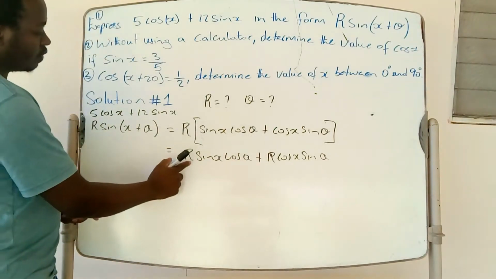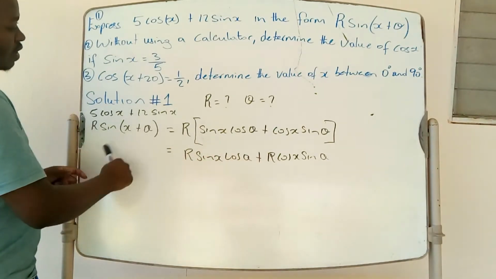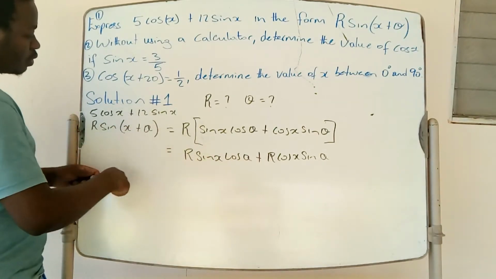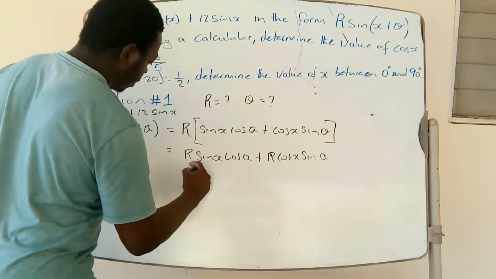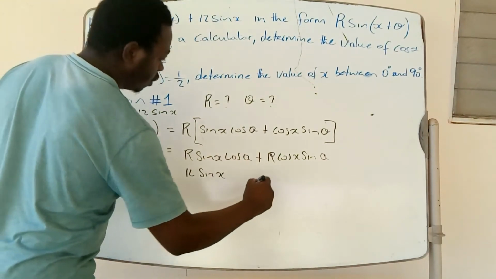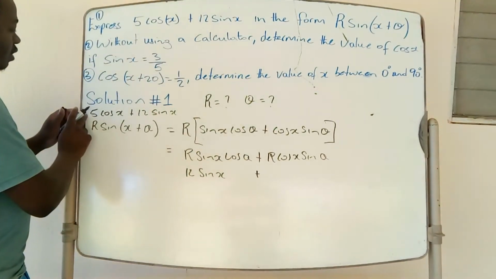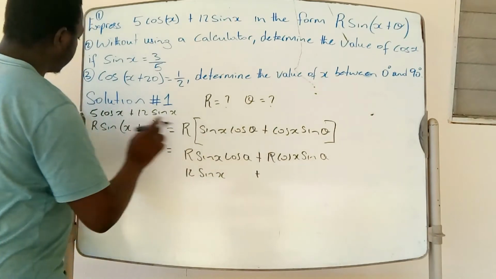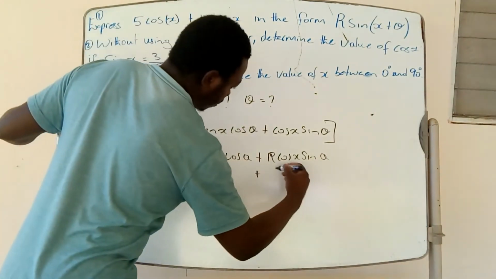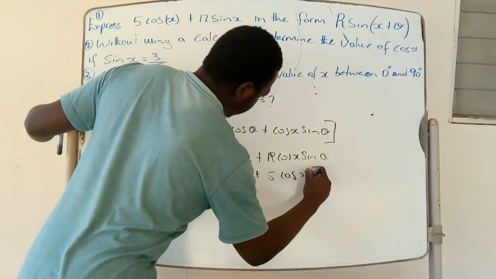So we have a sine x here, we have 12 sine x, so we're going to write 12 sine x here. We're going to put our plus sign here. And we have a cos x, so we're going to write 5 cos x.